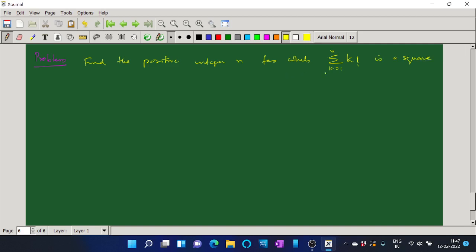So here we want to find for what value of n 1 factorial plus 2 factorial plus etc. plus n factorial becomes a square.